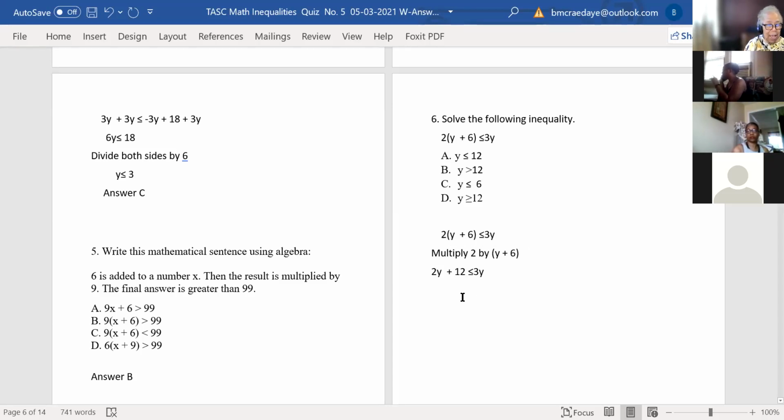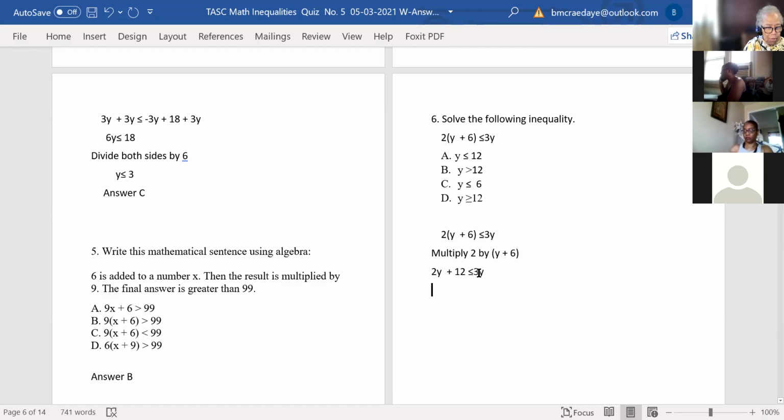Now, what did you do next? What's your next step? Okay, divide by the 3, both sides by 3. Maureen, you have some terms there that are alike, and you've got to get those terms together. You have a 2y and you have a 3y.